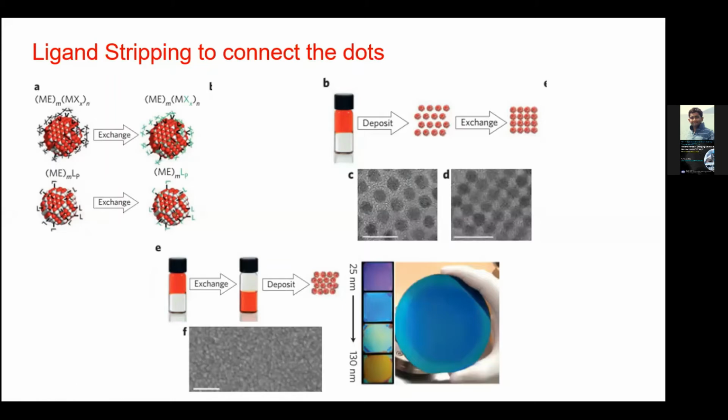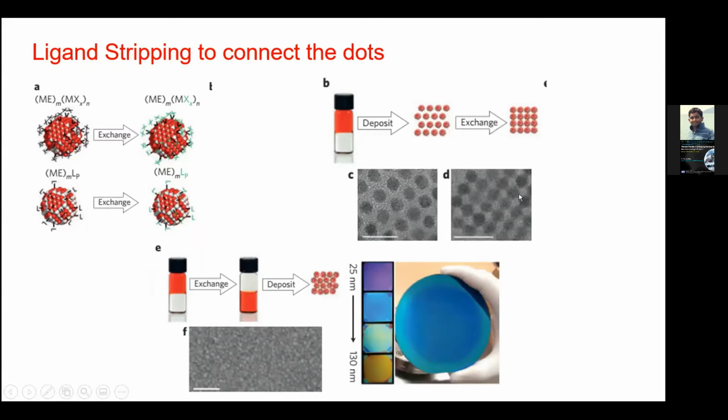One is you exchange earlier, like here from the solution to the upper, and then after ligand exchange it goes to the other solvent and then you deposit it as a film. Another is you first deposit and then exchange the ligand.